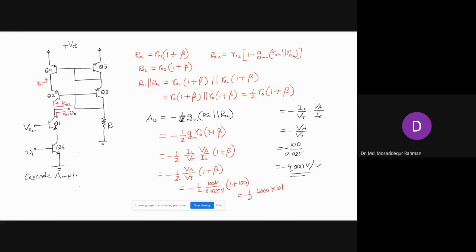So the overall gain will be about minus 200,000. So a tremendous improvement in gain, right?